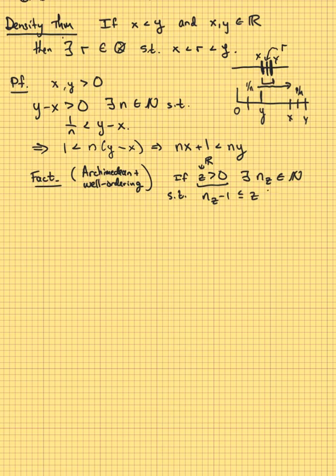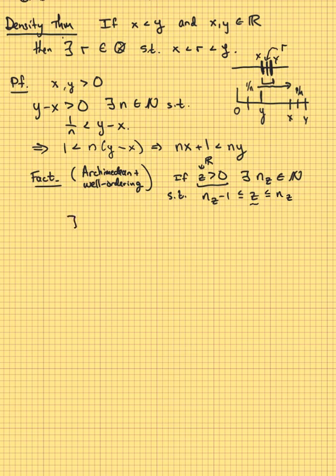Okay? So that z is in between n minus 1 and n. So the Archimedean property tells you that you can find a natural number larger than z, and then you keep subtracting 1 until you get to the one where it fits in between, where this is an upper bound and this isn't, okay?